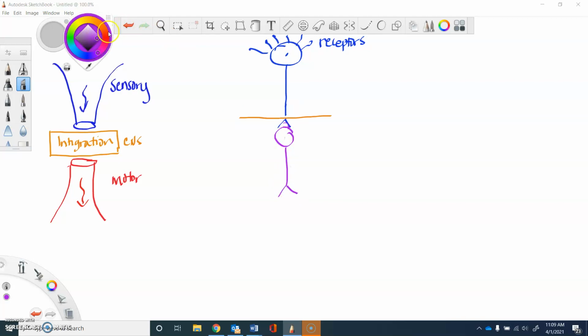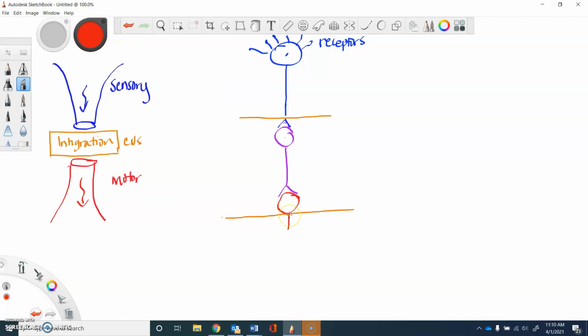All right, and then it will send out a motor response, and it will send it out through another neuron, and that neuron cell body will be in the central nervous system. It will be in the spinal cord. So I'm going to do that.